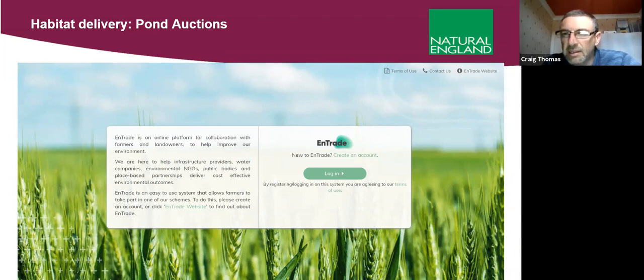It shows them where the SOA maps are, and only those within SOA maps can actually enter the platform and bid. And they can determine whether they want between, say, 2 and 6 ponds, and they can determine a price to do that. And it's actually the landowner themselves that are responsible for the work.